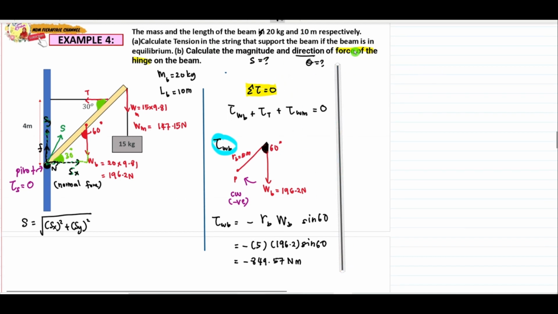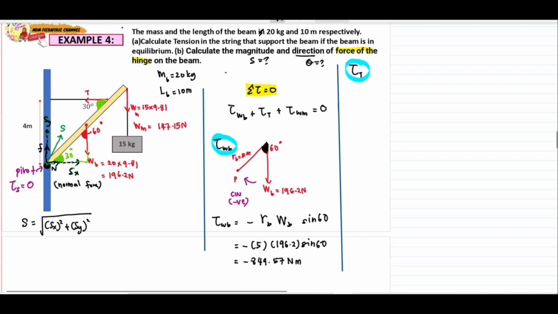Okay, saya nak tulis dulu torque due to the tension T. Look at the position. So from the pivot to this position, kita tak tahu kan, daripada sini ke sini berapa panjang dia. Itu yang menjadi persoalannya. Tetapi jangan lupa, soalan bagi kita from the pivot to this point is 4 meter.